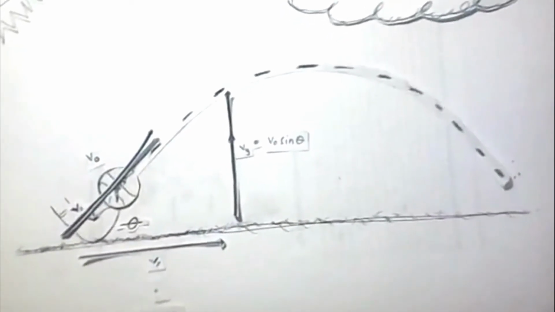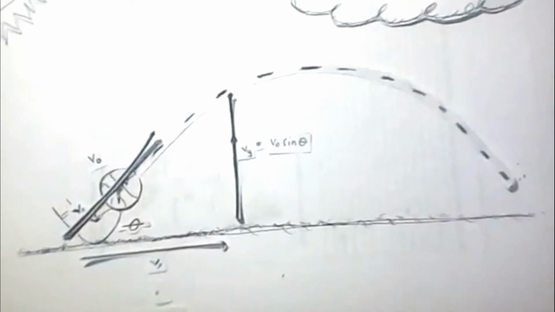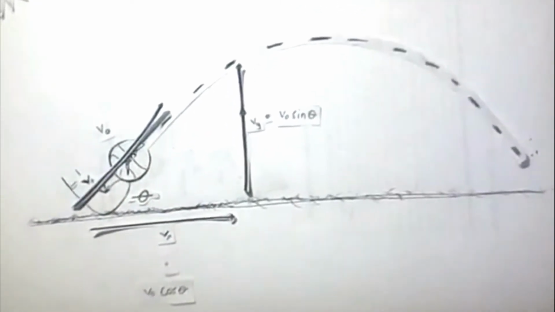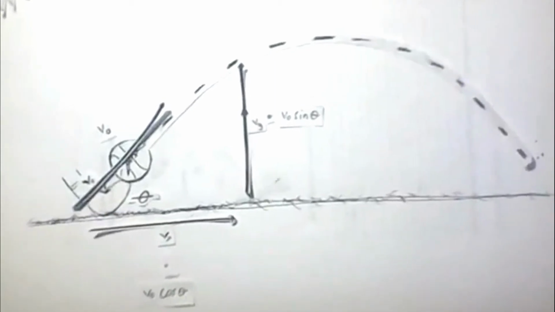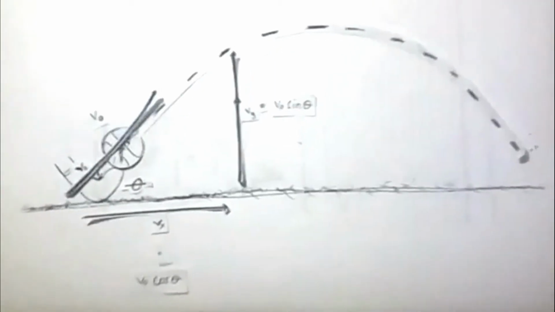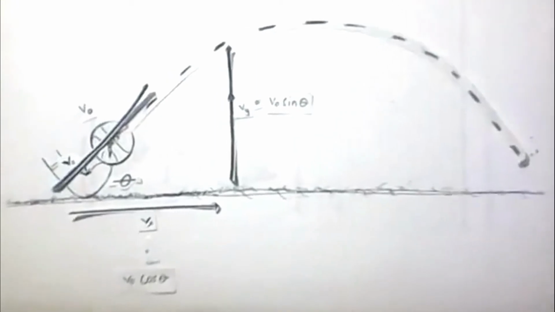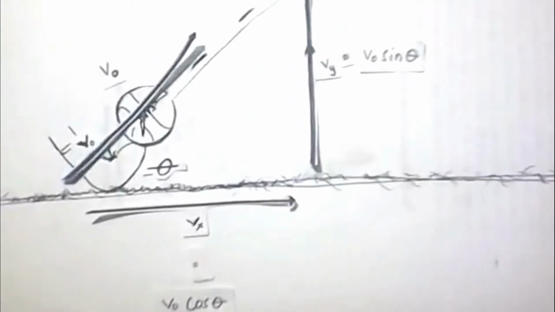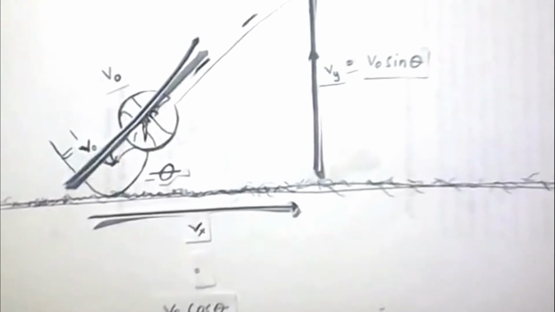That's it. So if you try to calculate, for Vy you multiply the initial velocity by the sine of the angle, and for Vx you multiply the initial velocity by the cosine of the angle.